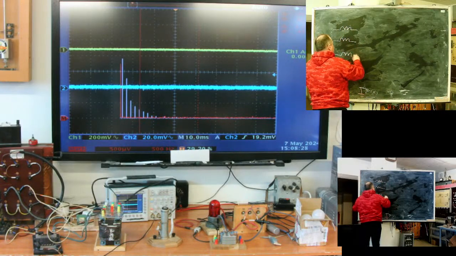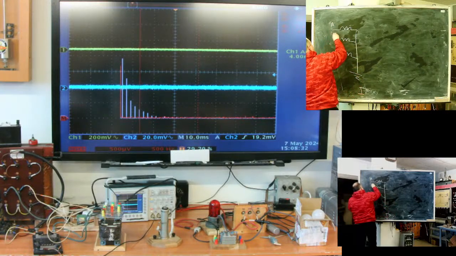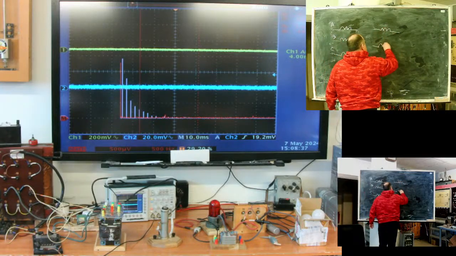You see this? This one ground, A, B, C. I have another one, 3 terabytes.